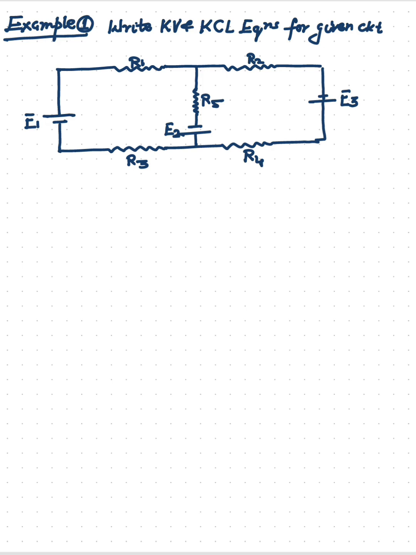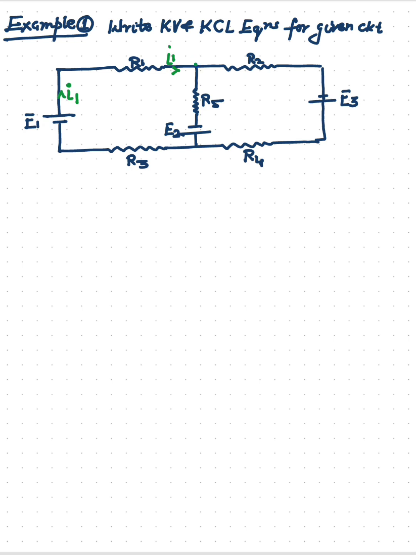Suppose this is the battery E1. Current I1 is flowing from the positive terminal of the battery, through this resistance, and reaching here. This is I1, and this is the junction.